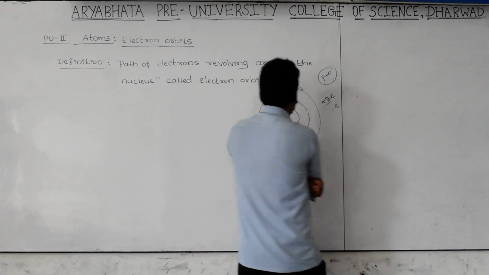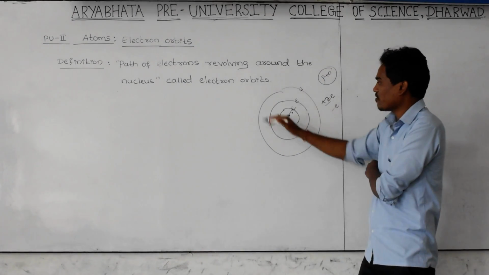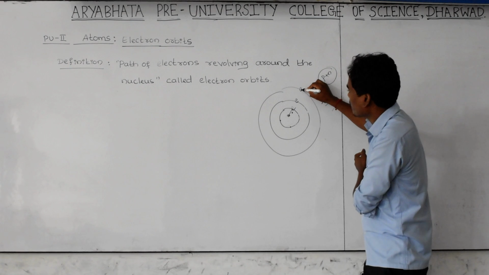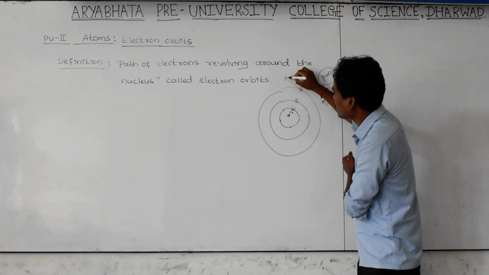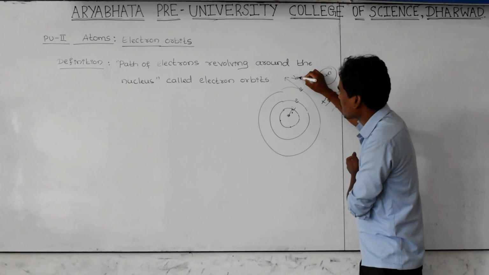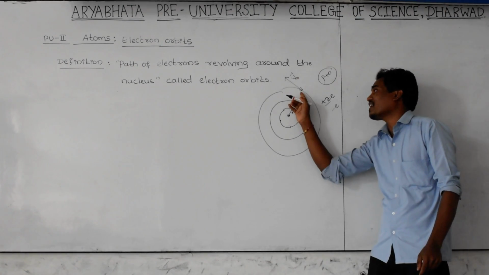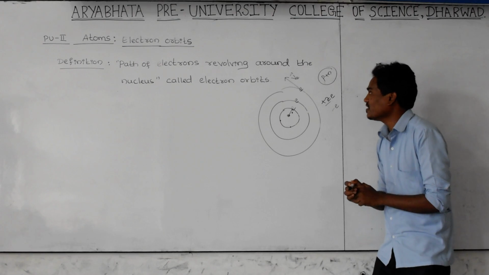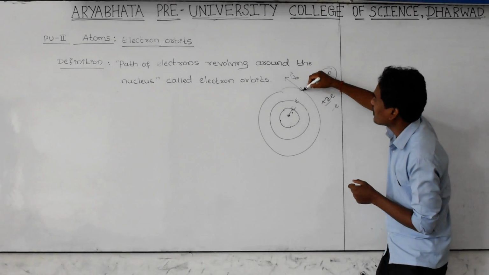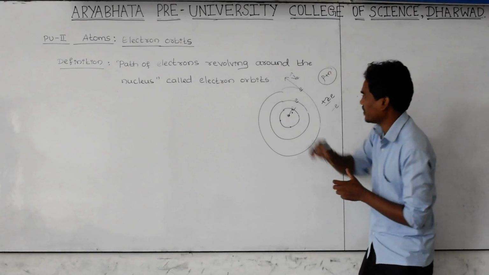Let us consider that whenever the electrons are revolving around the nucleus, their velocity is always tangent to the orbit. That is the velocity of the electron. If the nucleus were not attracting this electron towards its center, the electron would move exactly tangent to the orbit.